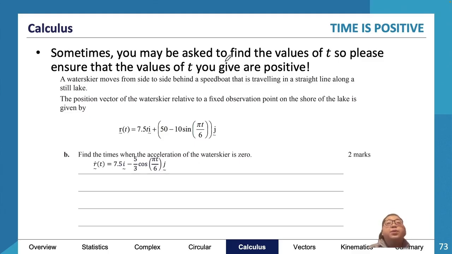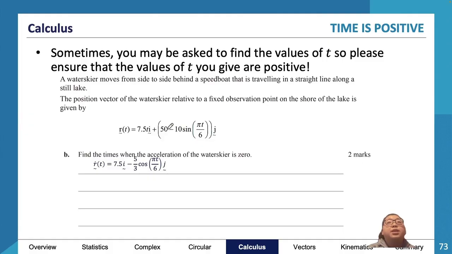So what we're going to do here is label a couple of things. Our vector for the position is going to equal 7.5t minus 5/3 cos(πt/6) j, because that's our position. So our velocity is just going to be found by differentiating that.